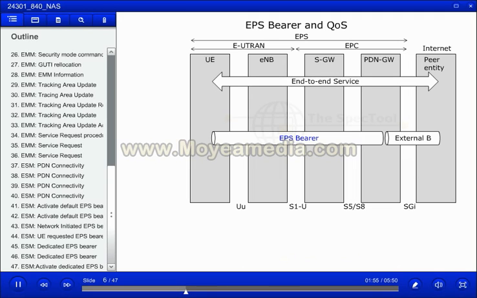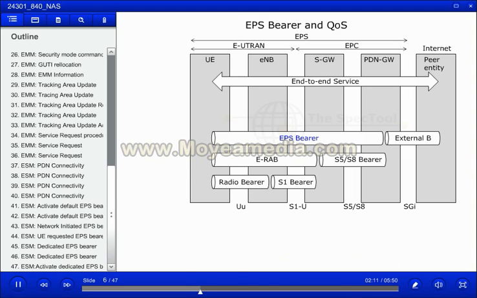Any additional EPS bearer that is established to the same PDN is referred to as a dedicated bearer. The EPS bearer can then be divided into the E-RAB, E-UTRAN radio access bearer, and the S5/S8 bearer. The radio bearer and the S1 bearer form the E-RAB.